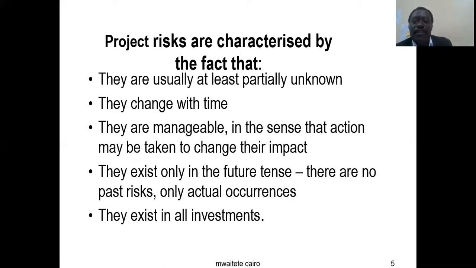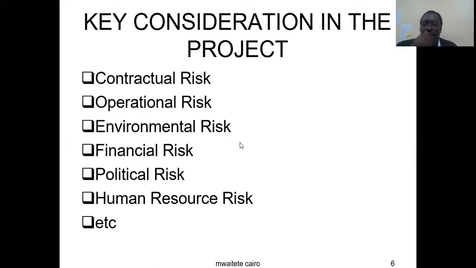They exist only in the future tense. There are no past risks, only actual occurrence. Okay? They exist in all types of investments or projects. So you should know they exist. All projects have risks.